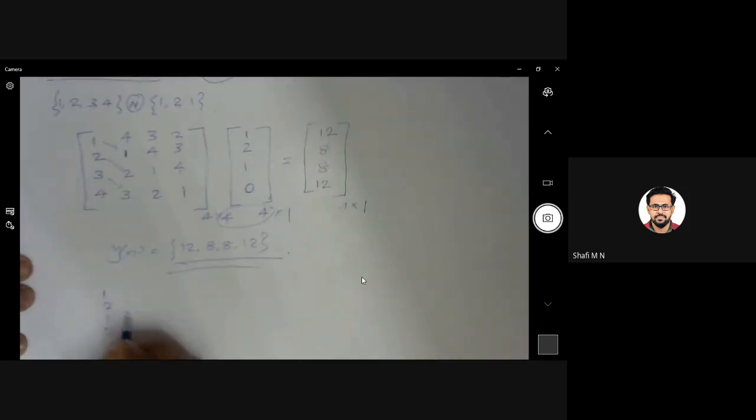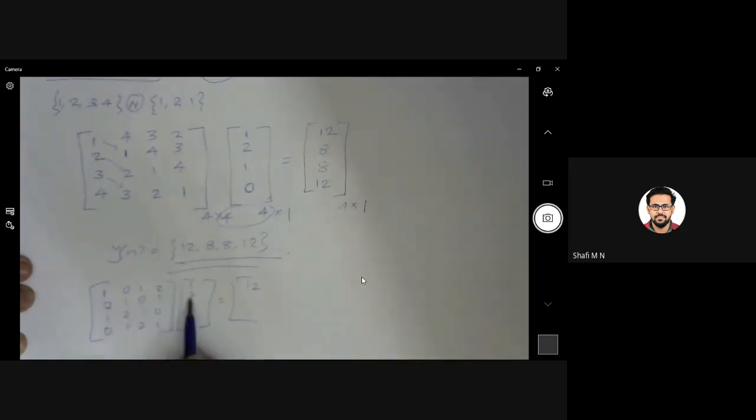1, 2, 1, 0, repeated as the matrix rows, multiplied with 1, 2, 3, 4. 1 into 1, 1 plus 0 plus 1 into 3, 3, 3 plus 1, 4 plus 2 into 4, 8, 8 plus 4, 12.